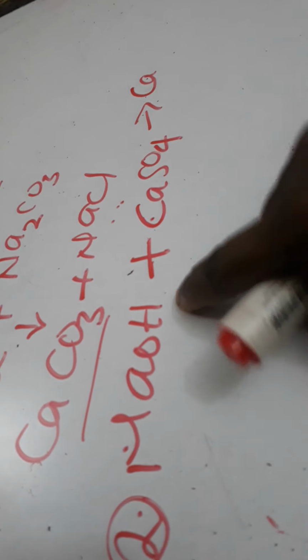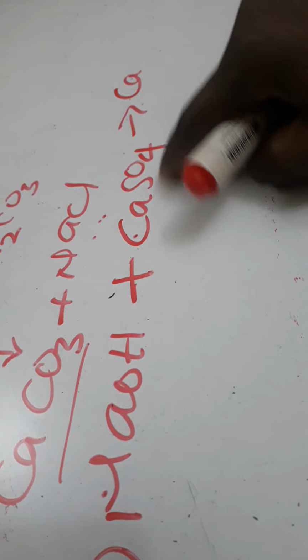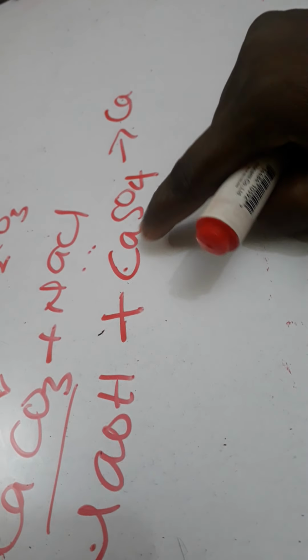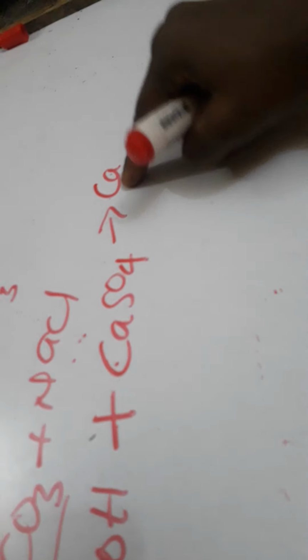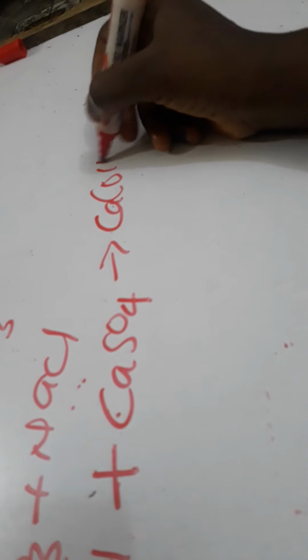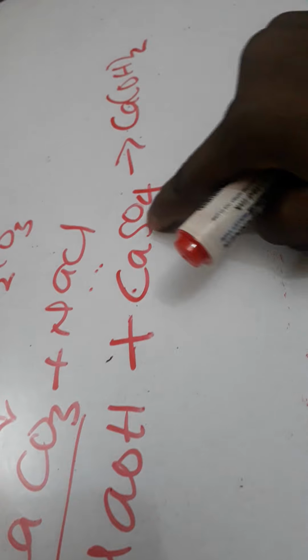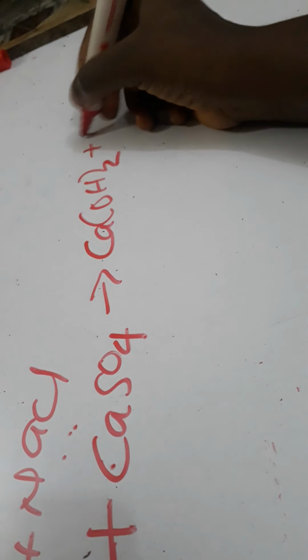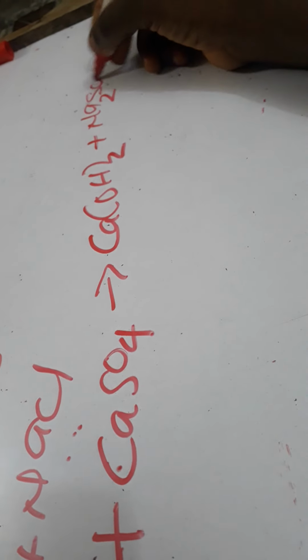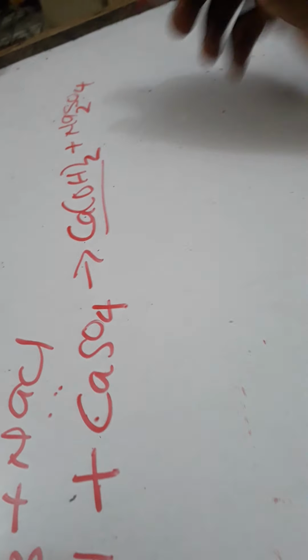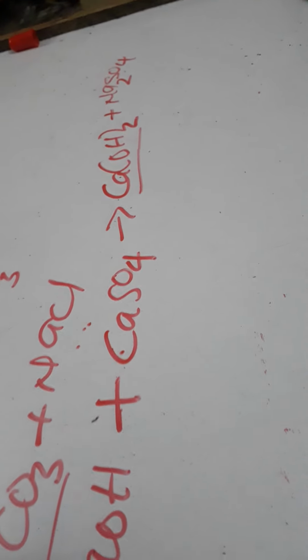This is soluble in water. This is insoluble and is responsible for permanent hardness. So we want to remove this calcium ion in form of hydroxide. Calcium hydroxide is not soluble. Sodium sulfate is soluble. So the ions responsible for hardness are removed in form of calcium hydroxide.